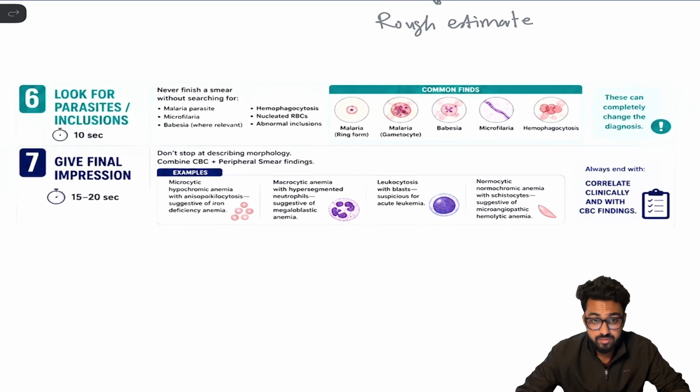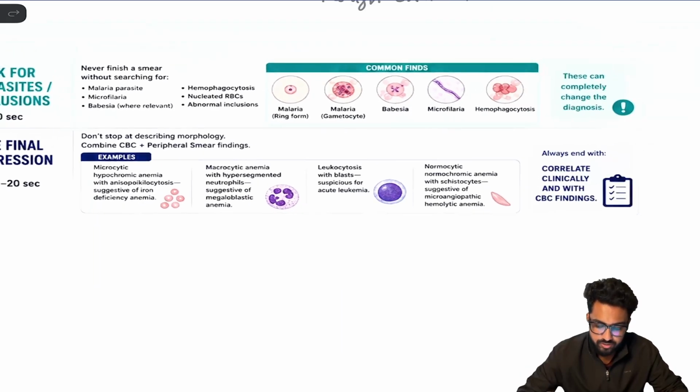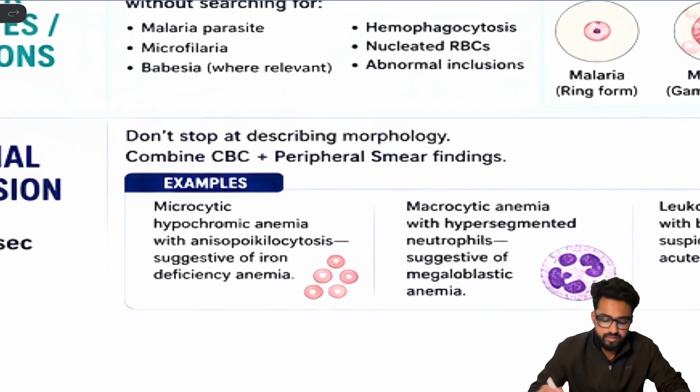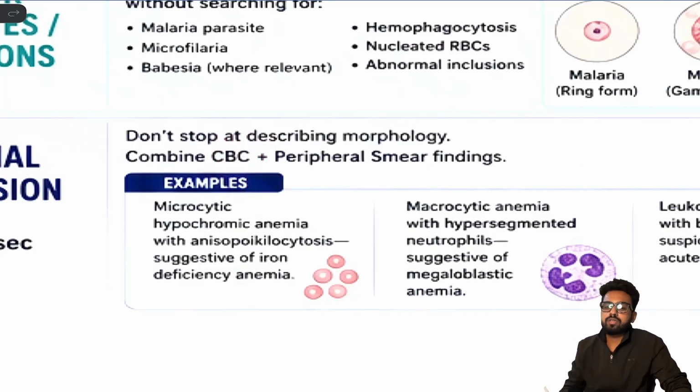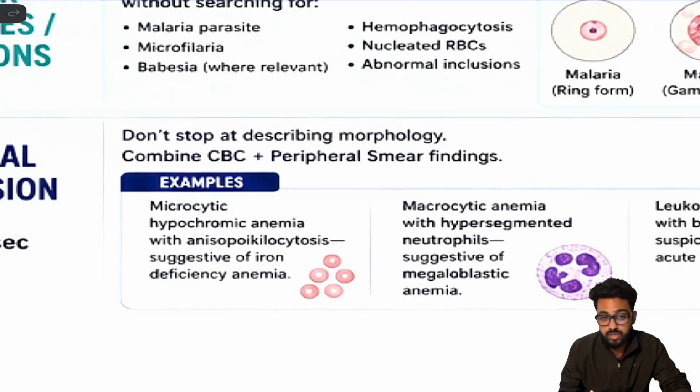And last but not least, give the final impression. In the final impression, don't just stop at describing the morphology. Combine the CBC, that is complete blood count on the automated cell counter, and the peripheral smear findings, and give the impression. Examples: if you see microcytic hypochromic RBCs and anisopoikilocytosis, then give it as suggestive of iron deficiency anemia.